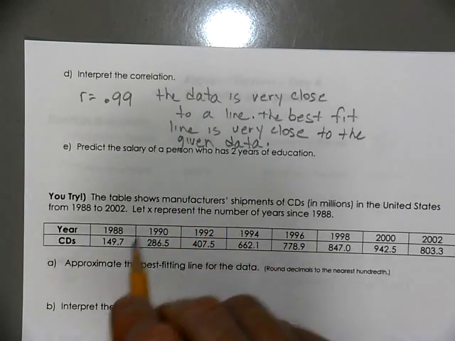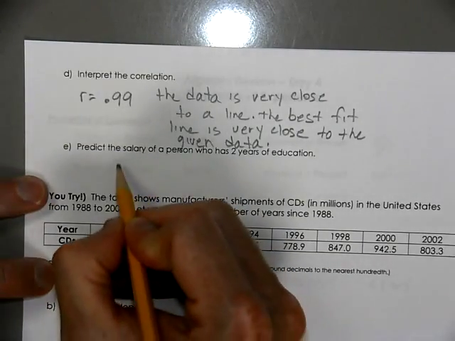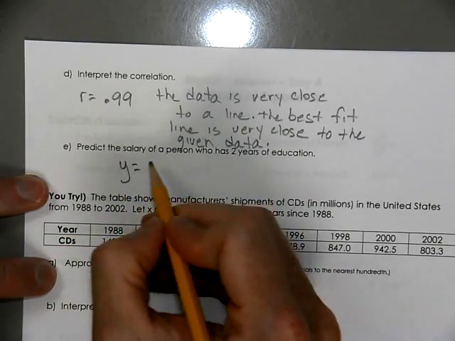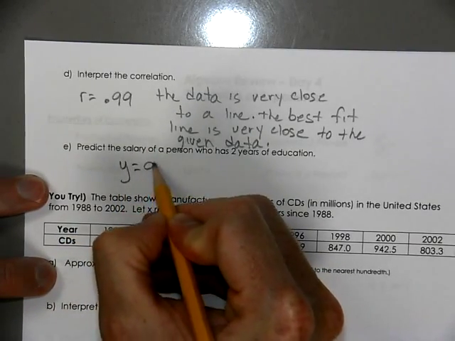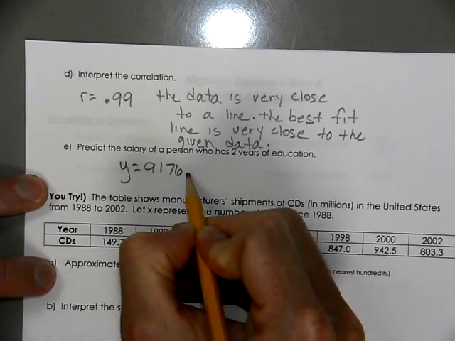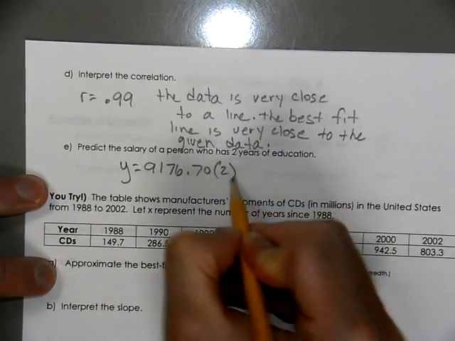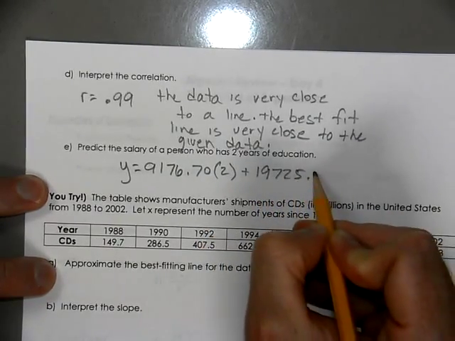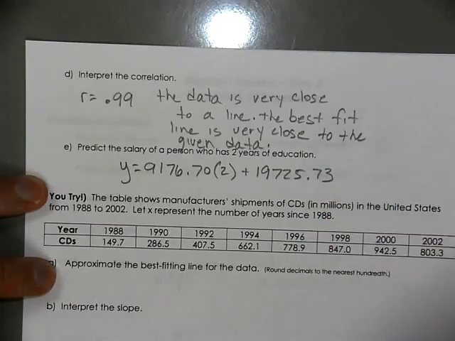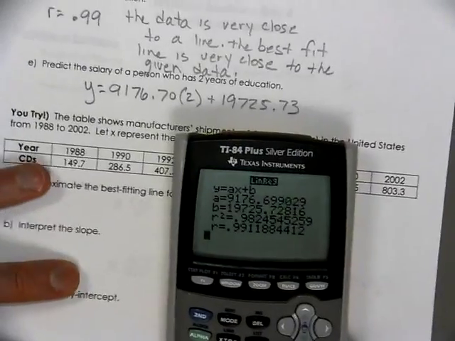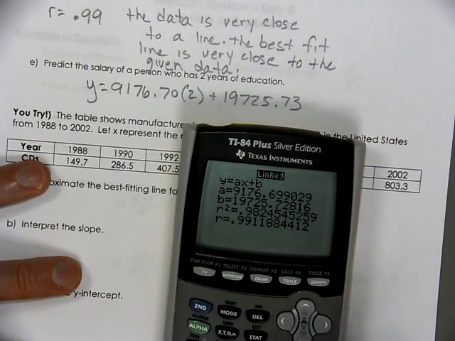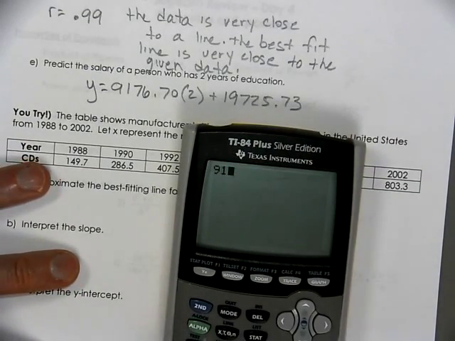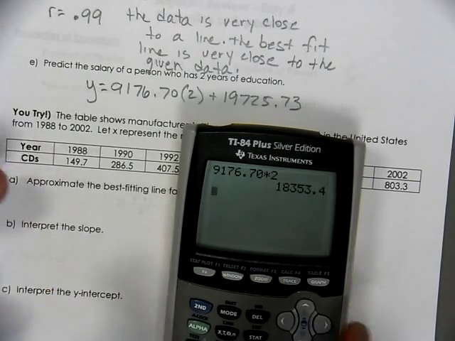Okay? How much would you make after 2 years of schooling? So they're saying that our slope is that. We're going to times it by 2. We're going to add in our 19,725. So we're going to take our calculator. We'll take our 9176.70 times that by 2.